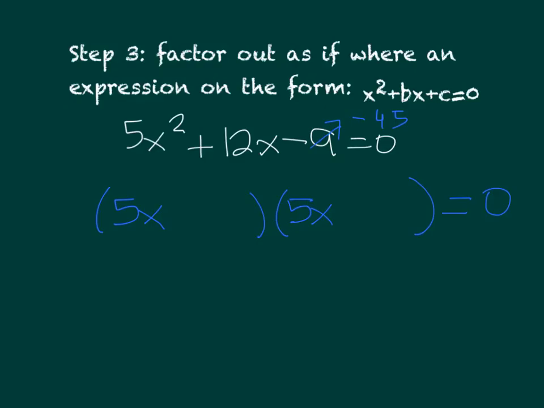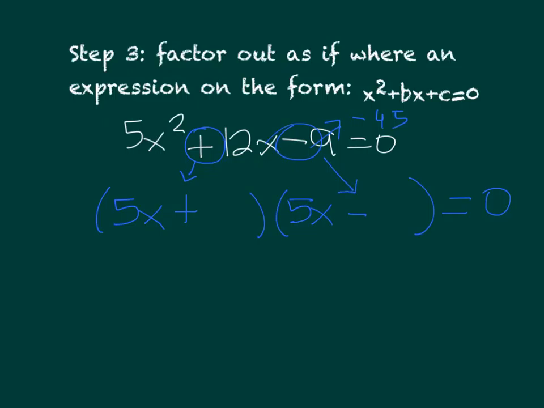So the first term in both binomials is 5x. Then you should write the signs. The first sign is equal to the first sign of the trinomial, and the second sign is equal to the product of the 2 signs. So positive times negative is negative, so this second sign will be negative.